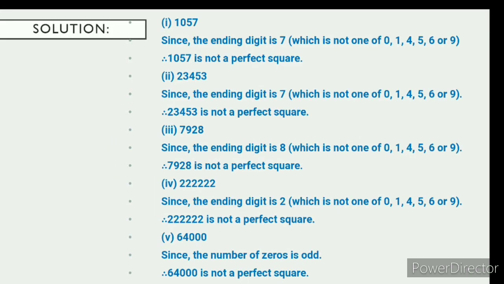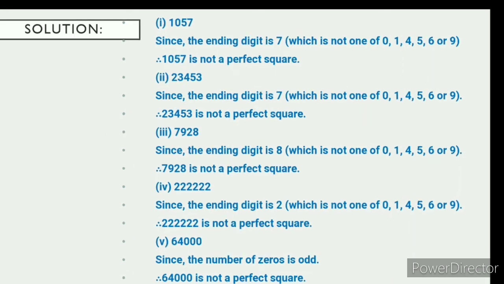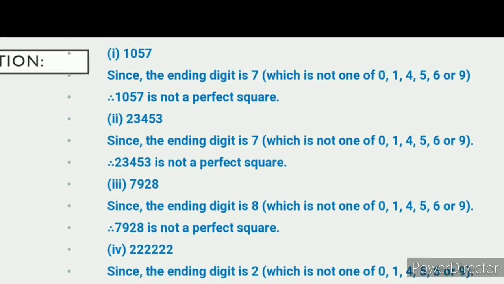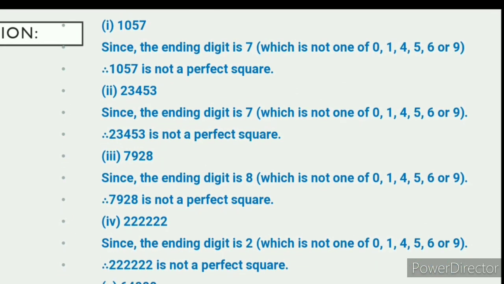So look at the solution. 1057, since the ending digit is 7, which is not one of these digits. If a number is a perfect square, that number should have these digits in its units place, that is 0, 1, 4, 5, 6 or 9. If any digit other than these occurs in the unit place, it is a non-perfect square only.